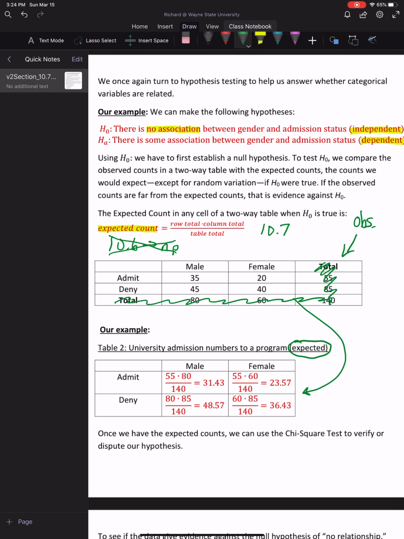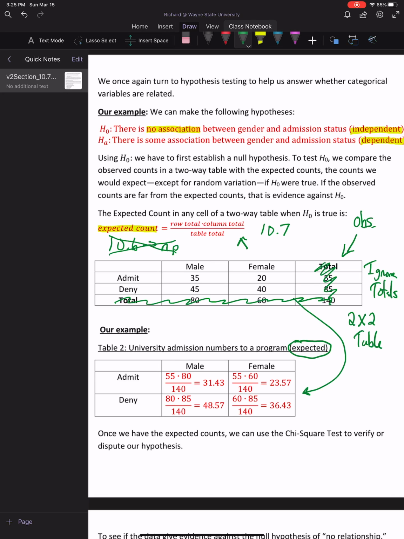To get the expected counts, you deal with the formula up here. So this is actually a 2 by 2 table, because it's 2 rows, 2 columns. When you consider how big the table is, you ignore the totals.